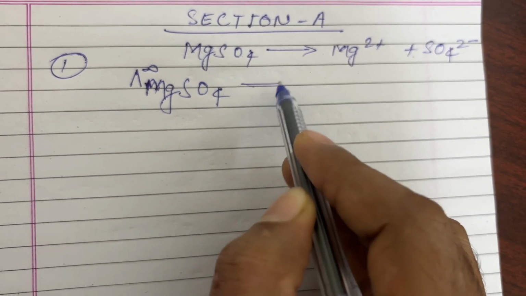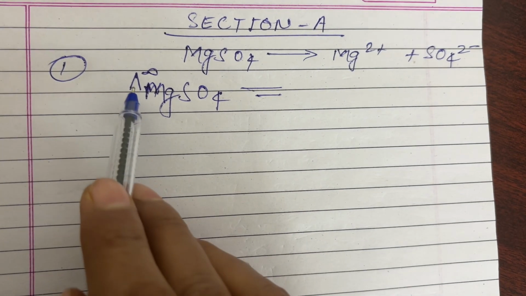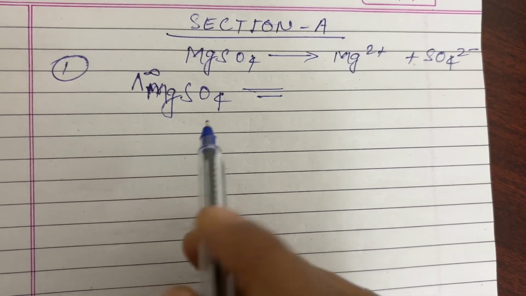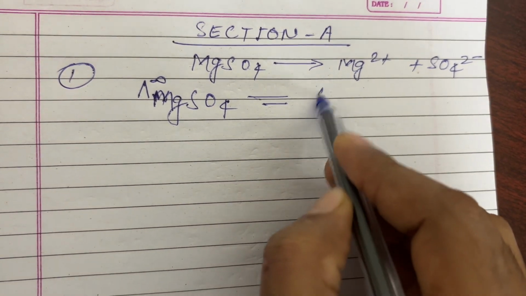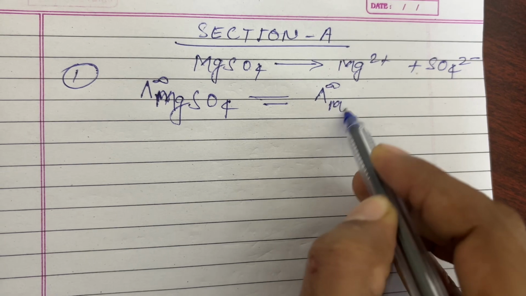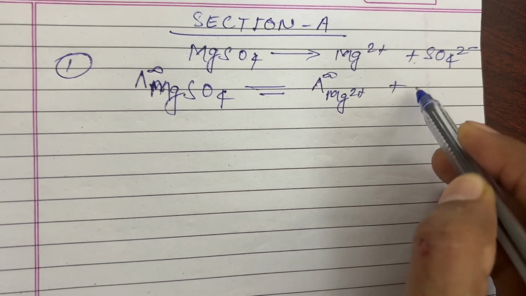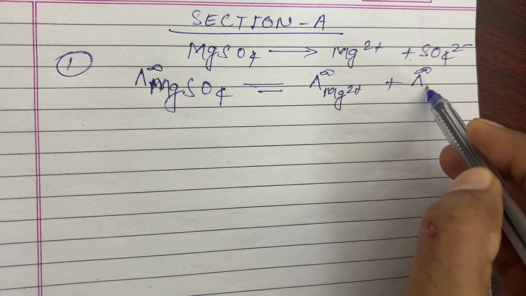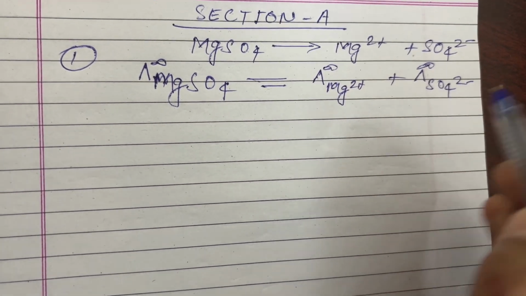So the limiting molar conductivity at infinite dilution, or simply limiting molar conductivity, of MgSO4 is equal to the limiting molar conductivity of Mg2 plus plus the limiting molar conductivity of SO4 2 minus.